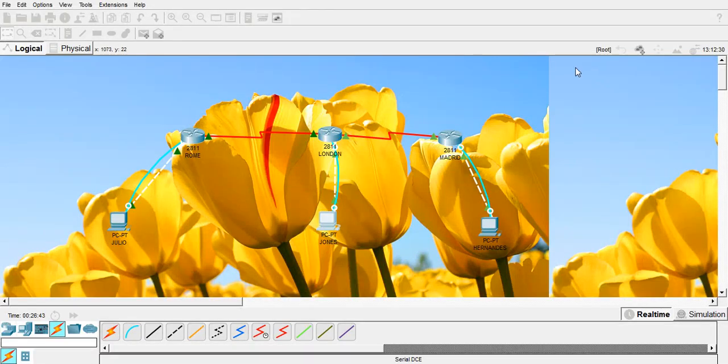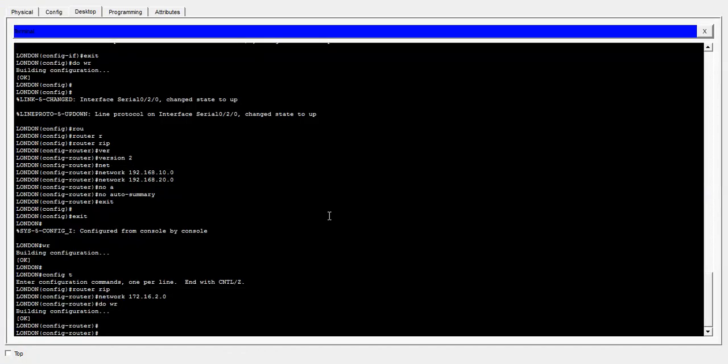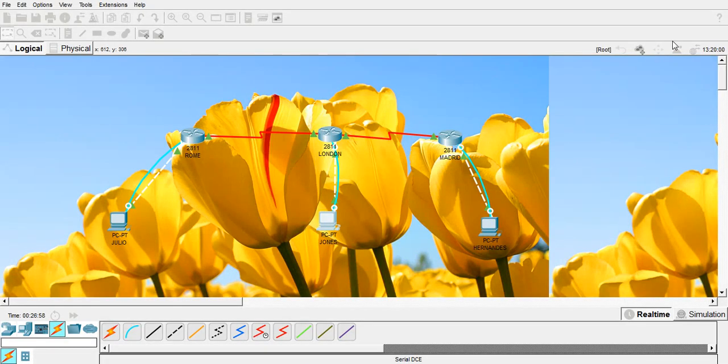Okay. Now the difference between RIP, now RIP version 2, for example, can work as a classless routing protocol. Okay. What that means, it can work in a kind of variable length subnet mask topology.